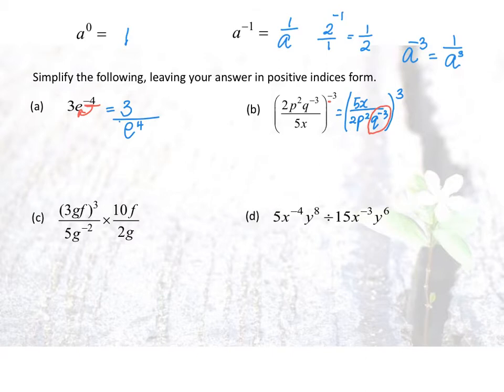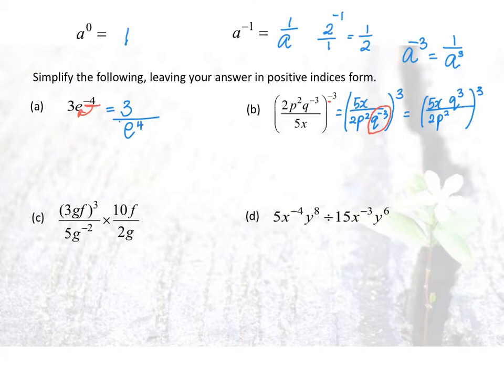So we can change this to 5x over 2 will stay where it is, p squared stays where it is, and q to the power negative 3 will now change to q to the power of 3 in the numerator. The power from negative 3 changes to become positive 3. And the whole thing we still need to cube it.